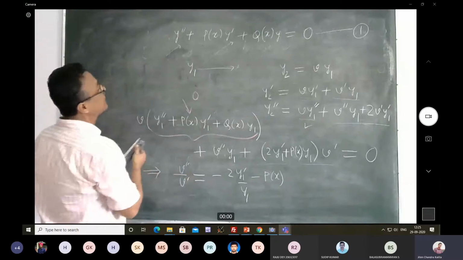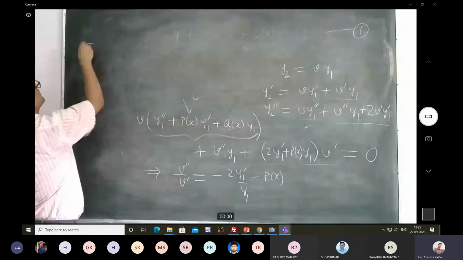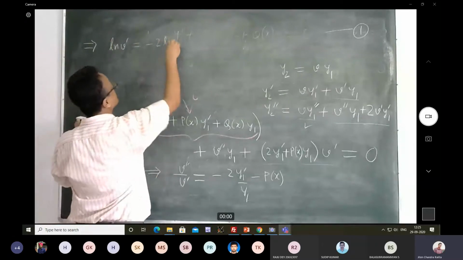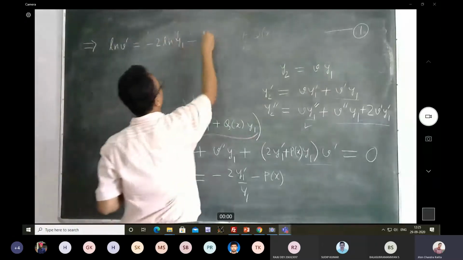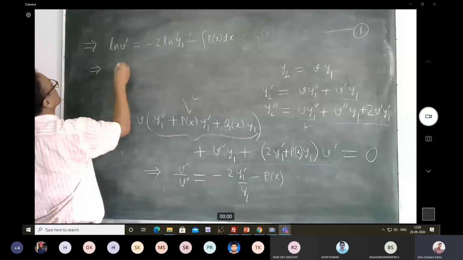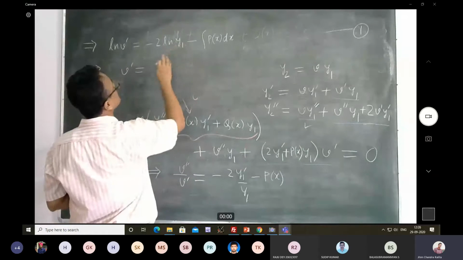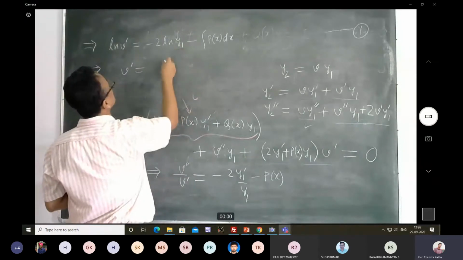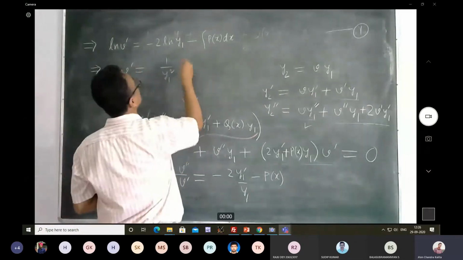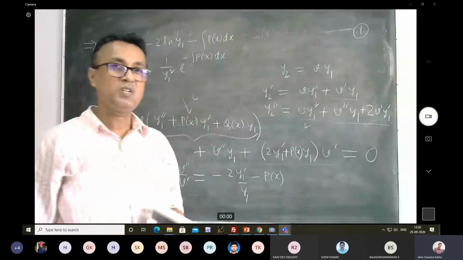That is going to give me ln v prime equal to minus 2 ln y1 minus the integral of p(x) dx, and from here I am going to get v prime equal to 1 by y1 square, then e to the power minus the integral of p(x) dx.